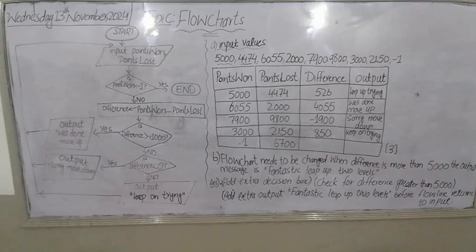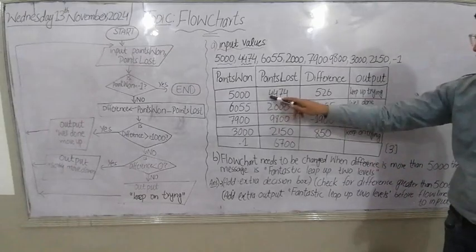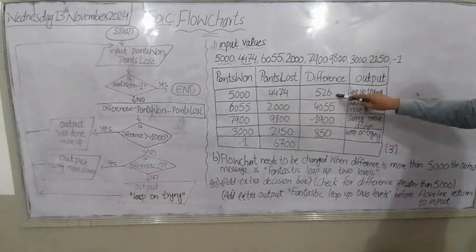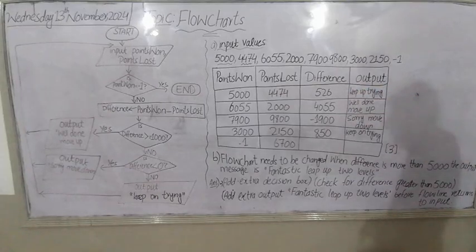So let's subtract the two values stored in points 1 and points lost. When you subtract these two values, you will get this value in the variable called difference, that is 526.